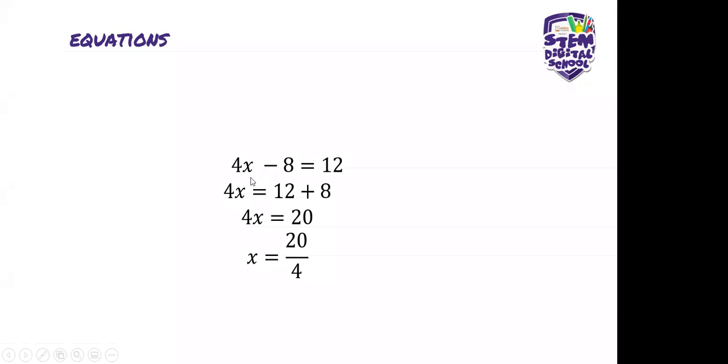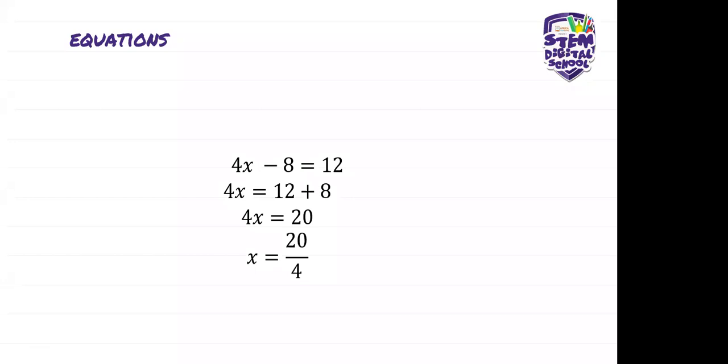And we could see just by inspection that that value will be 5, because 4 times 5 is 20, and 20 minus 8 gives you 12. Therefore, x is equal to 5, just by inspection. Alternatively, you can use the additive inverse together with the multiplicative inverse in this case.